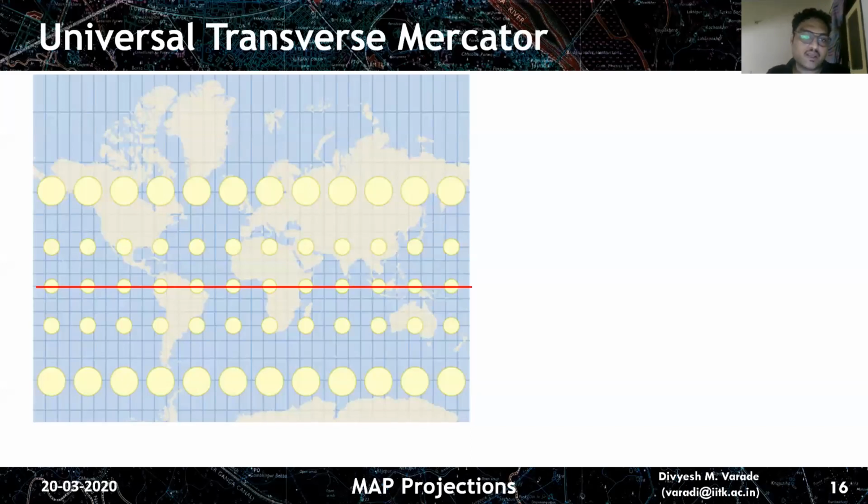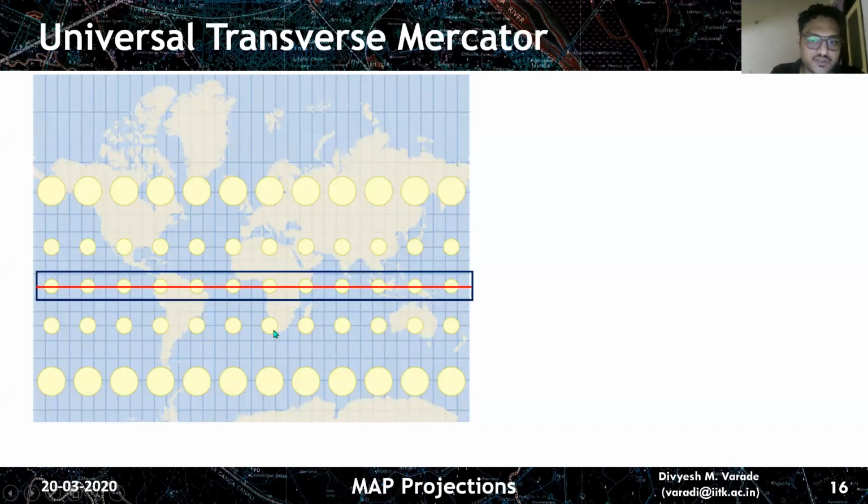One of the ways is the Universal Transverse Mercator. This is basically an adaptation of the conventional Mercator projection, where we make an effort to minimize the distortion. We know that in the case of the Mercator projection, the distortion is minimum along the standard line.